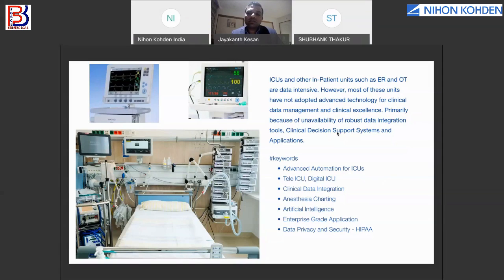This is primarily because of the unavailability of robust data integration tools. Any software application that needs to fetch data from these medical devices faces a challenge, not only because different devices follow different protocols. There are different manufacturers, and they have their own protocols.